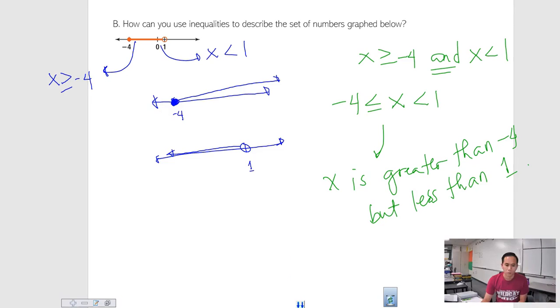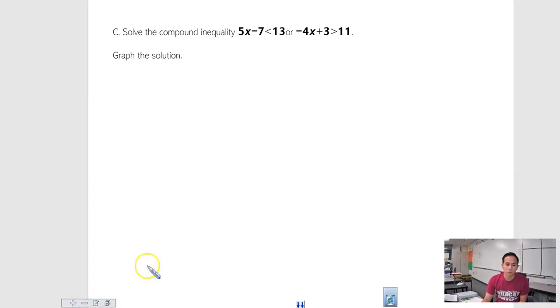All right, next example: solve the compound inequality 5x minus 7 is less than 13 or negative 4x plus 3 is greater than 11. So we have to solve each inequality. Solving an inequality is the same as solving an equation.